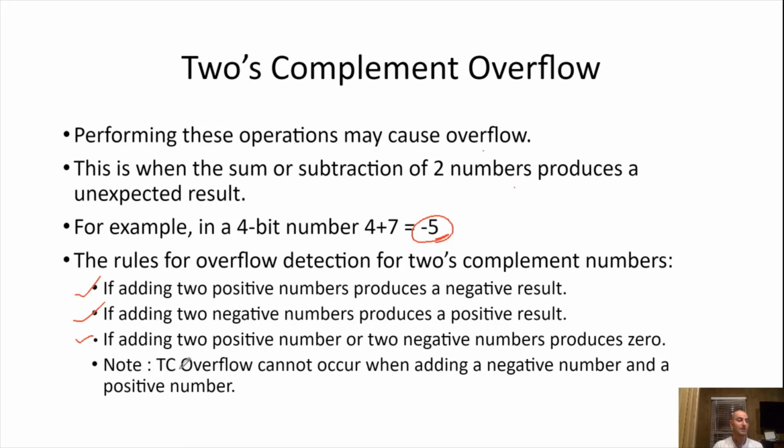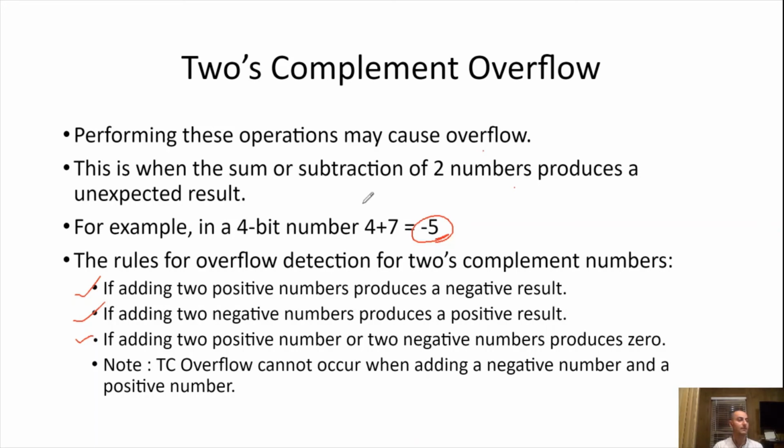If you add a positive and a negative, you're never going to get overflow because you're always going to be in the range. So those are the cases where you could get overflow: two positive producing a negative, two negative producing a positive, or two positive or two negative producing 0. These are the three cases that are overflow.